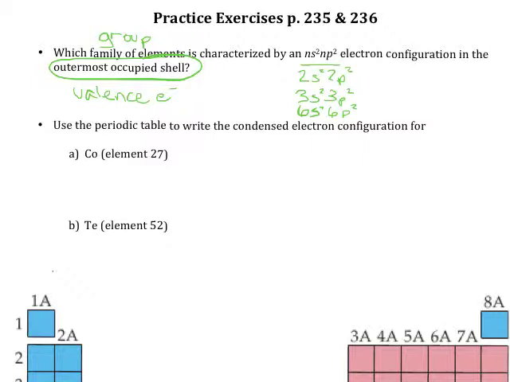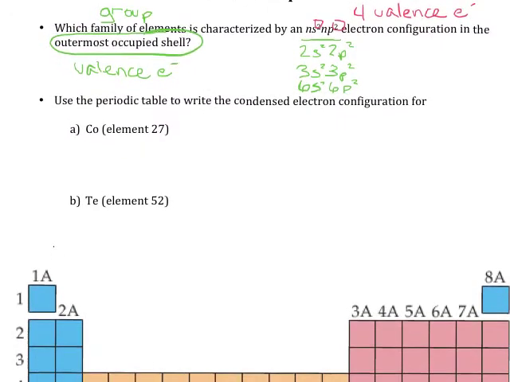So if we look at this configuration, it's got a total of 4 valence electrons. 2 in the s and 2 in the p. So if we take a look at our periodic table, anything with 4 valence electrons is going to be over here in group 4A, because it's got 2 valence electrons in the s and 2 valence electrons in the p.